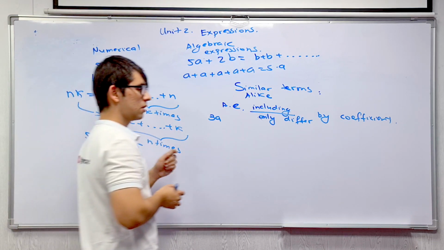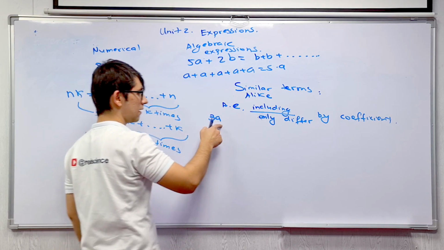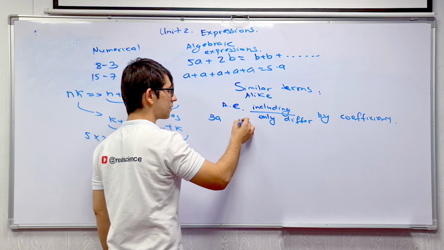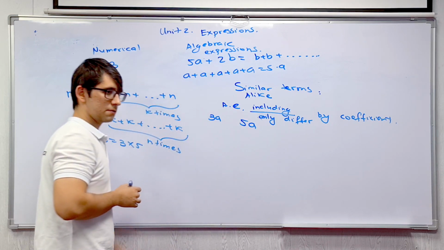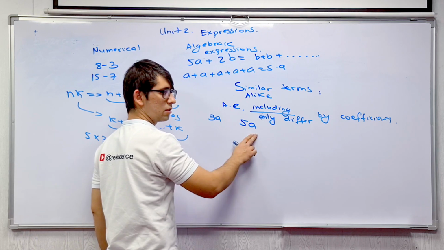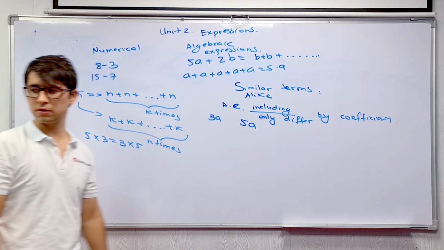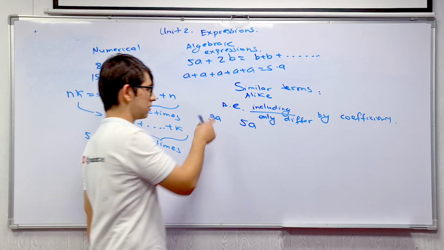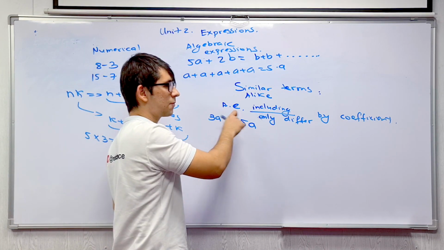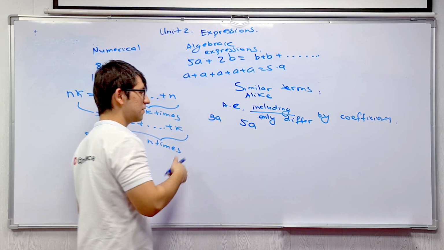The number is the coefficient. A is the algebraic part, right? 3a. 5a. 5 is also a coefficient, right? So they only differ by coefficient. Or you can say and create your own definition saying they have similar letters. Yes, you can say it if you understand it.